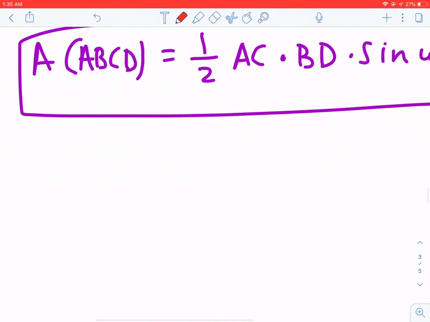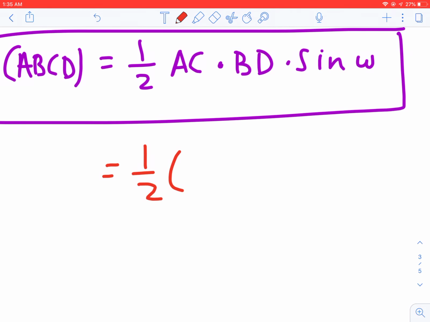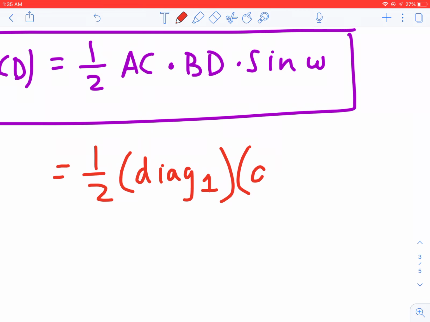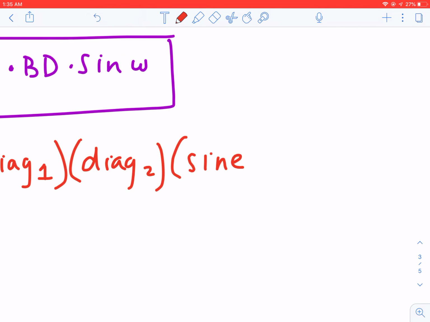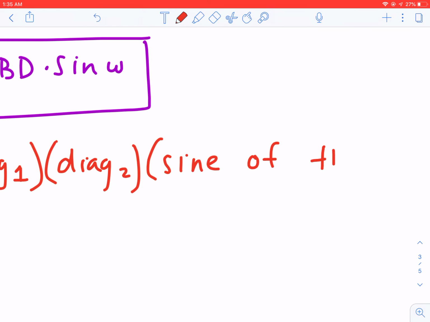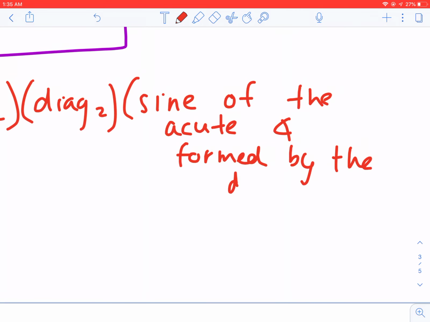The formula is: area of any quadrilateral is 1/2 times the length of the two diagonals, so I call it diagonal 1 and diagonal 2, times the sine of the acute angle formed by the two diagonals. And that is a fantastic result that we can now use.